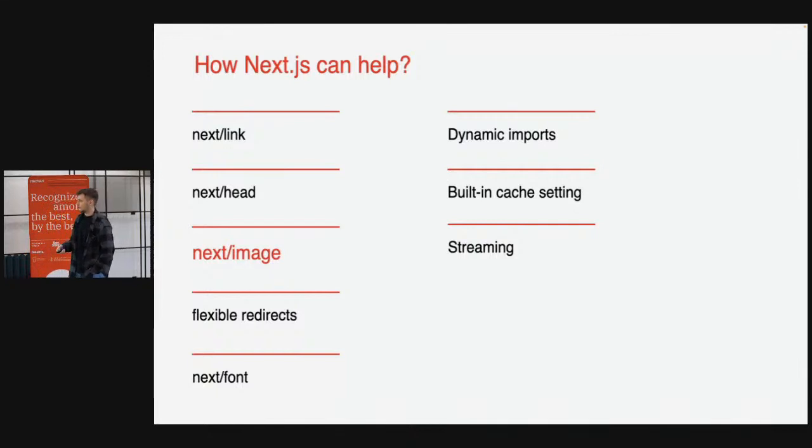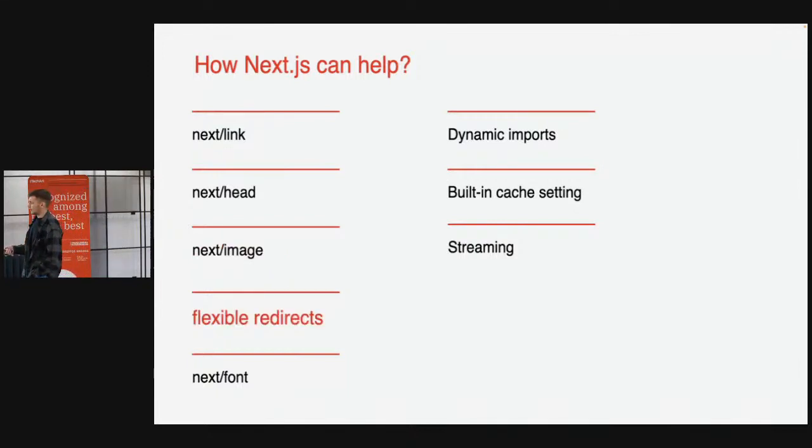Next one is flexible redirects. It's an item related to possible improvements of your application. Let's imagine a case. You implemented an application with some set of URLs. It doesn't matter, let it be something like /car/ID. But then your business requirements changed, and right now you need to update your URLs in your application.